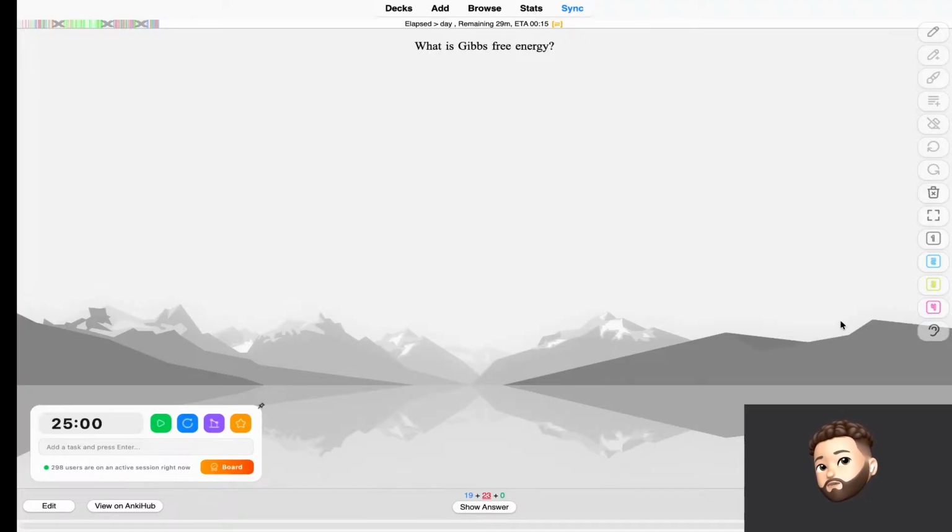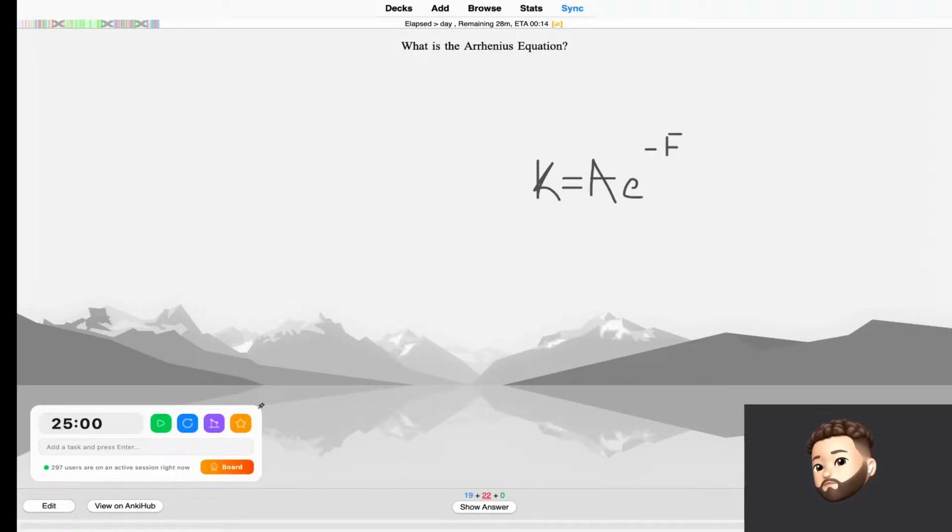Gibbs free energy is the available energy associated with the reaction. Arrhenius equation is K equals A E to the negative EA over RT.